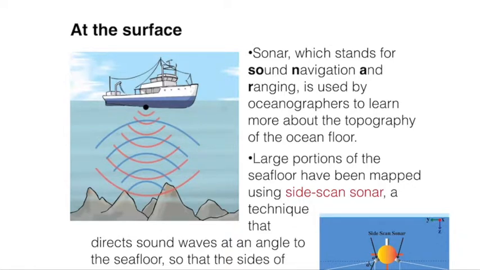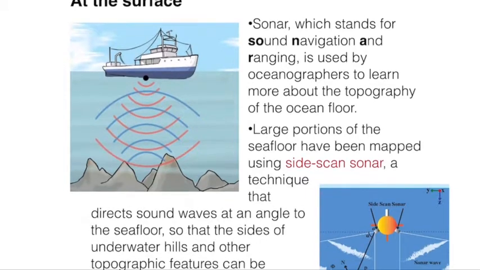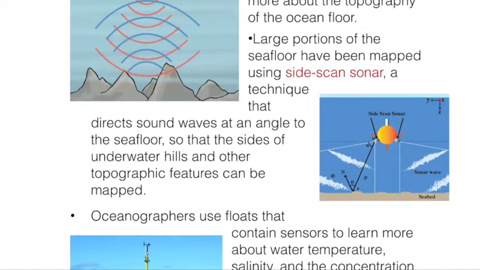The main one that is used is side scan sonar. Anything that is a hill, a bump, or a valley on the floor can be seen three-dimensionally if you look at it from the side. If you look at it straight from the top, it may be disguised and you're not quite sure what you're looking at, but from the side, you can definitely see a hill.